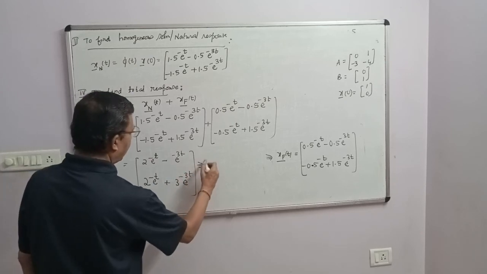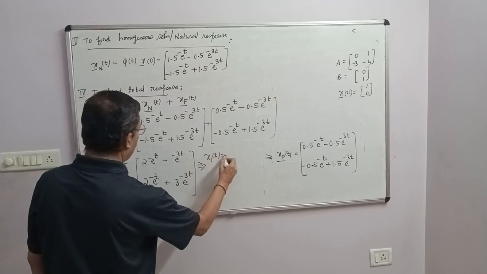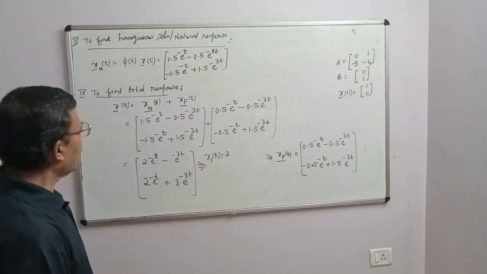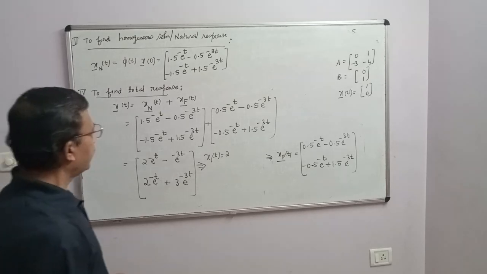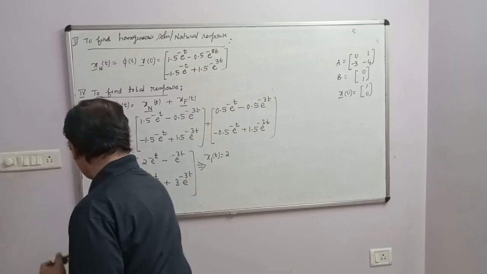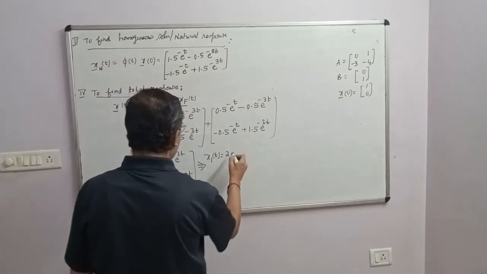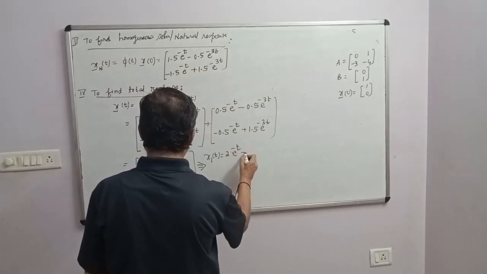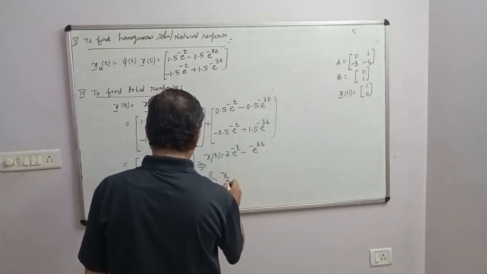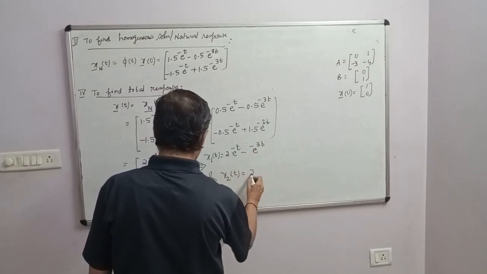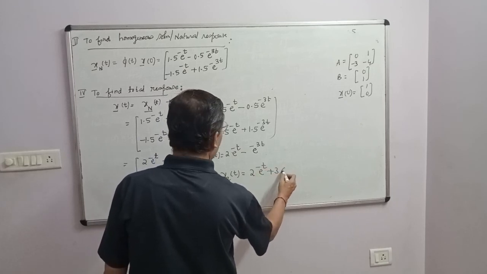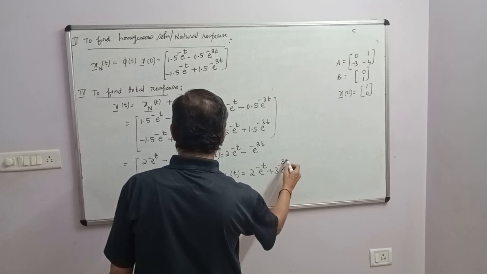This implies x1 of t equals 2 times e to the power minus t minus e to the power minus 3t, and x2 of t is equal to minus 2 times e power minus t plus 3 times e to the power minus 3t.